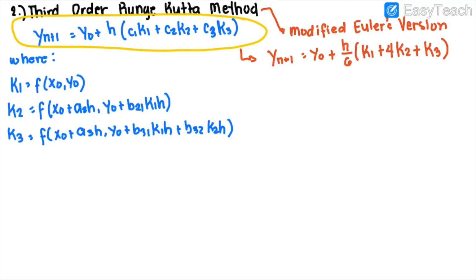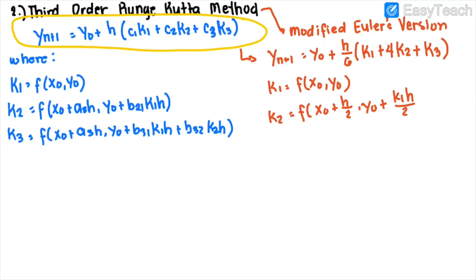Note that we will also have k1 as equal to function of x naught and y naught. K2 is now equal, here we will change a little, k2 is now equal to f of x naught plus half of the step size and y naught plus half of k1 times h over 2.